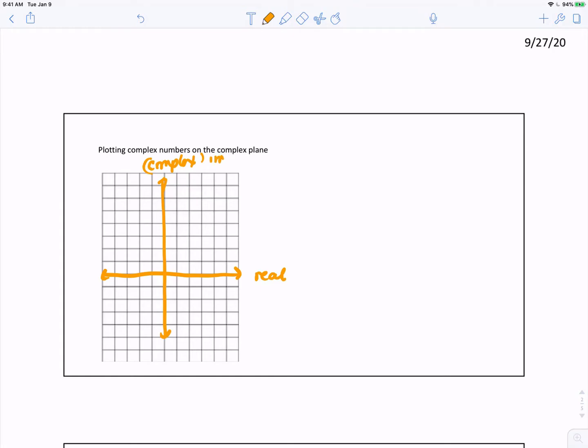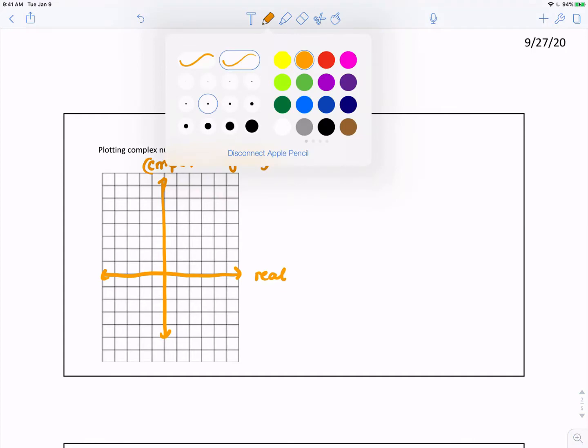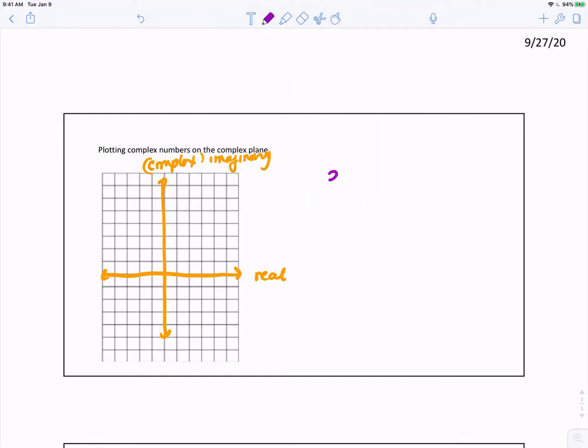So for example, suppose we wanted to graph the complex number 3 plus 4i in the complex plane. The real part is 3, and the imaginary part is 4. And so this would be the location of 3 plus 4i.